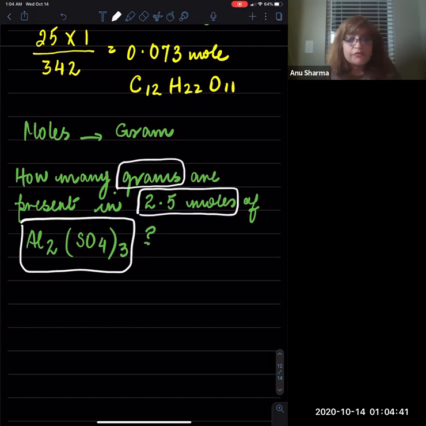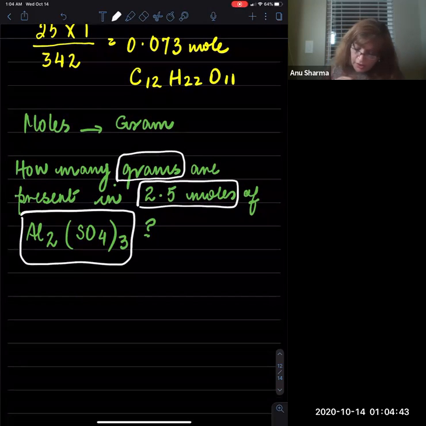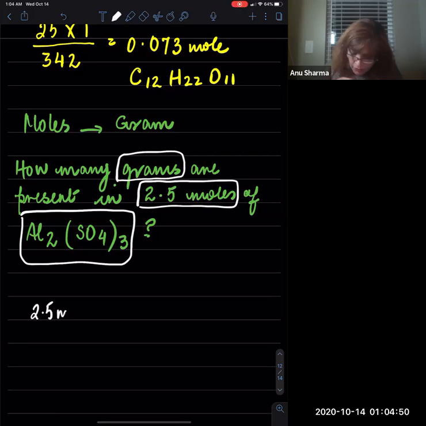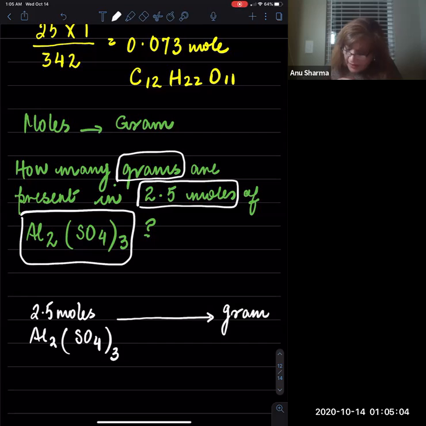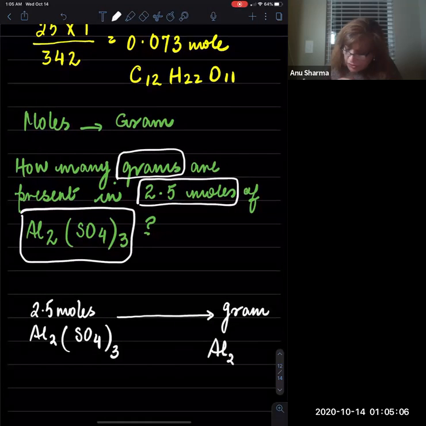How many grams, right? So write down what is given to you. You are given the moles, 2.5 moles of Al2SO4 whole thrice. And you need to find out how many grams of aluminum sulfate. That is Al2SO4 whole thrice.